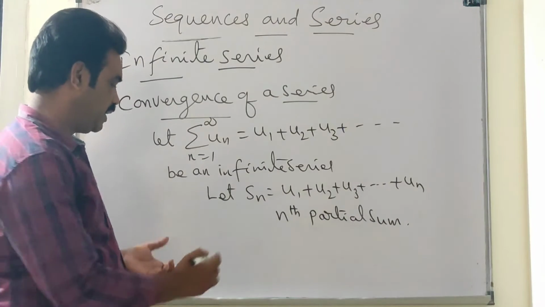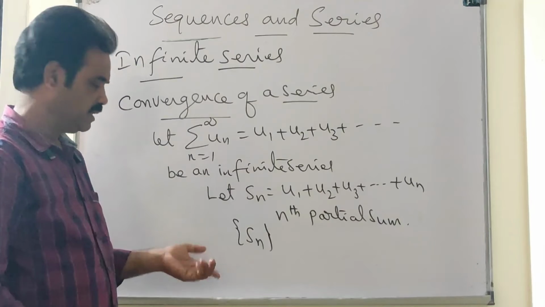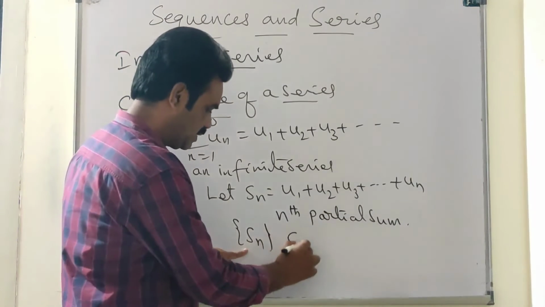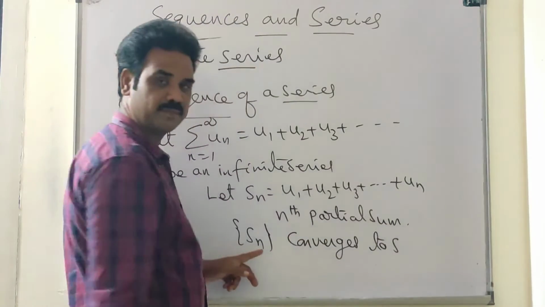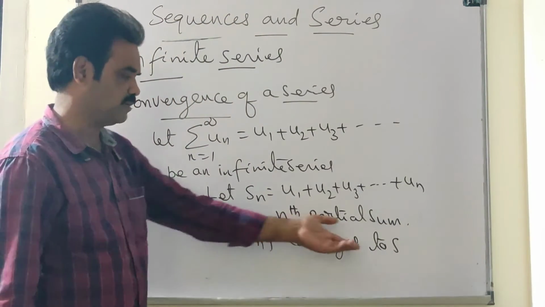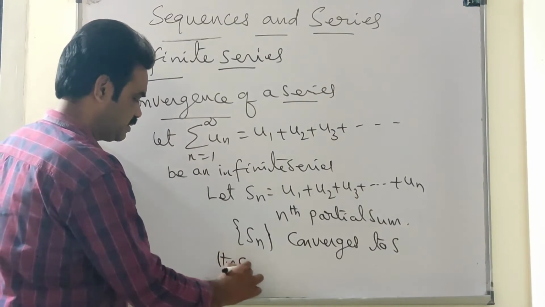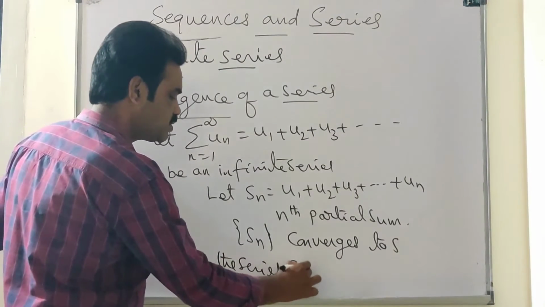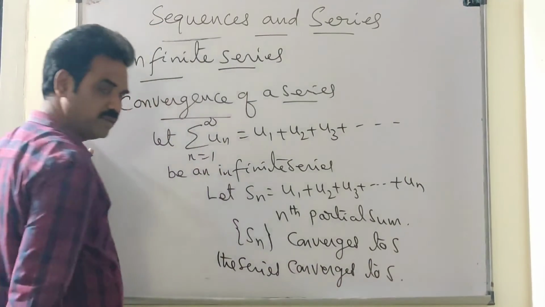Okay. Now we have a sequence Sn. This is the sequence of partial sums. If this sequence of partial sums converges to a number s, then you say that the series converges to s.